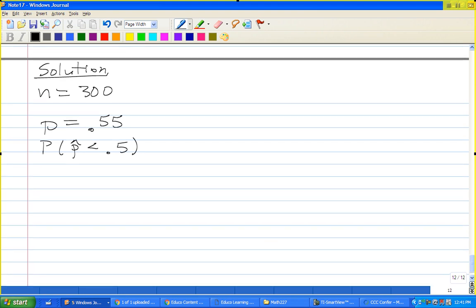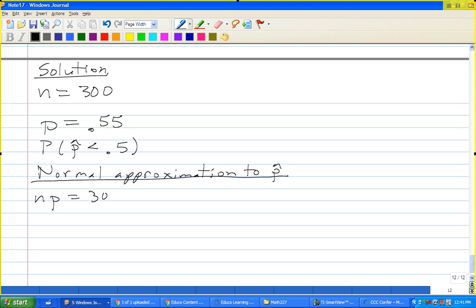Okay, so let's first see if the normal approximation is applicable. So let's check. Okay, so n times p, 300 times 0.55, 165, is greater than or equal to 5.